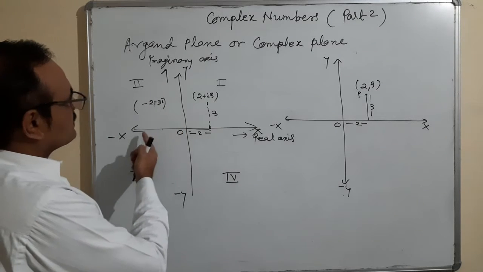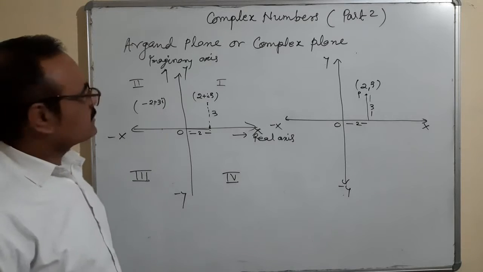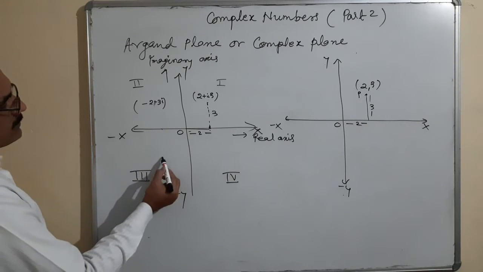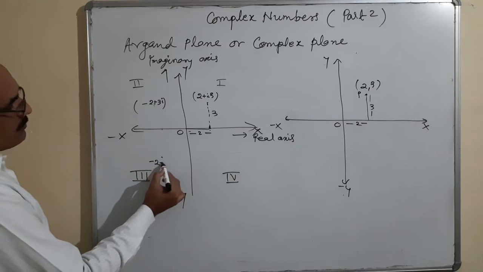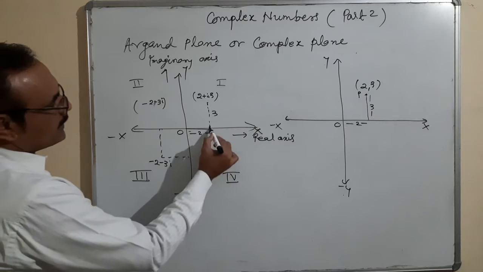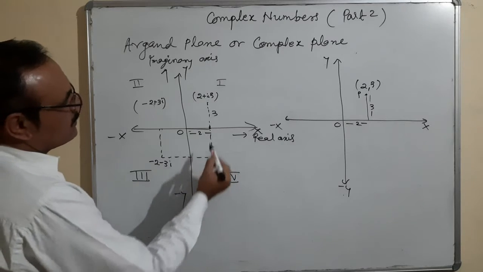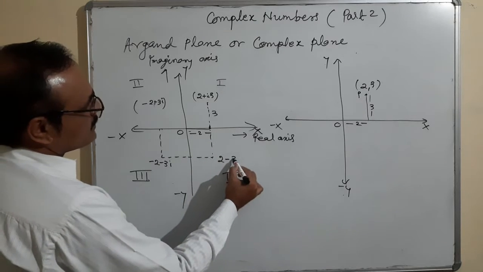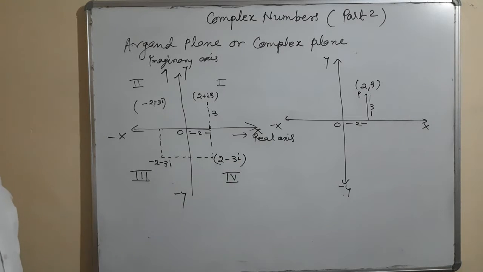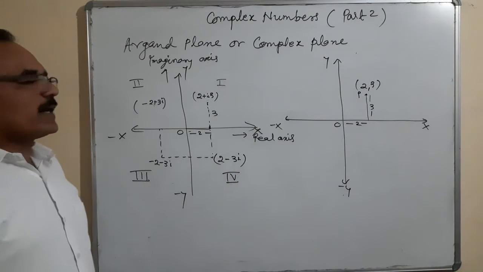That means the real axis is negative, whereas the imaginary axis is positive. In the third quadrant, minus 2 minus 3i. And in the fourth quadrant, 2 minus 3i.